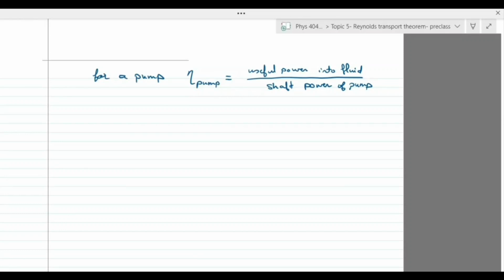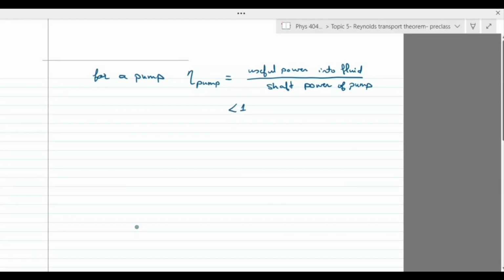So basically, this is my efficiency. For any pump or engine, the efficiency is defined as the output over the input. And here my output is the useful power that is going into the fluid, whereas my input is the shaft power of the pump itself. And this is usually smaller than 1, right?